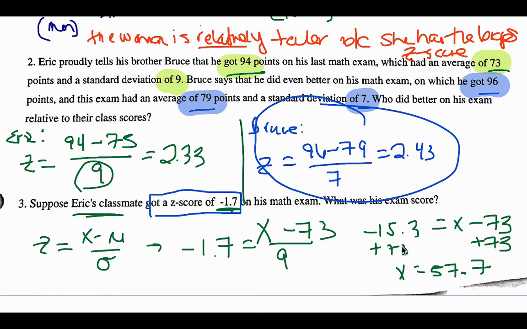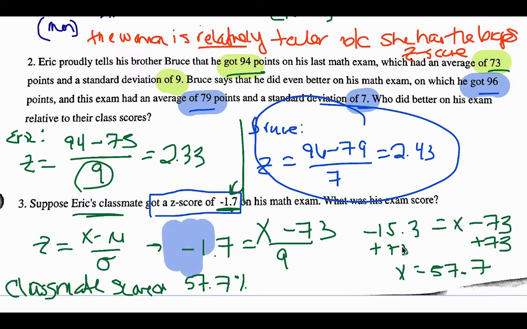So classmate did not do very well, which we could tell he didn't do well if he got a z-score of negative 1.7, definitely below average. Scored 57.7%.